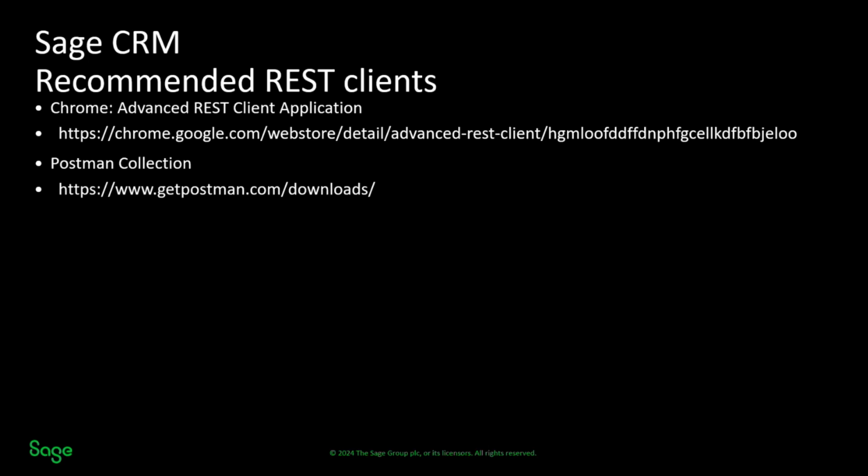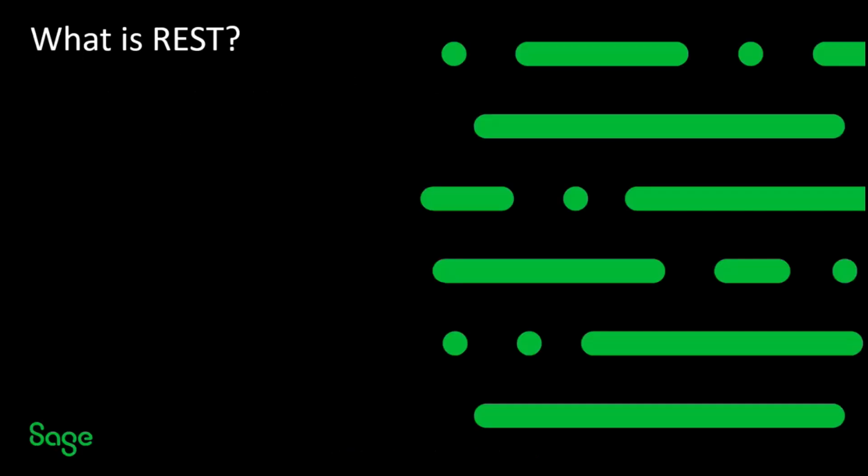If you want to test, actually, you can do a little bit of testing directly from within the browser, but really you need to be able to form the headers to be able to pass in the authentication information into CRM.